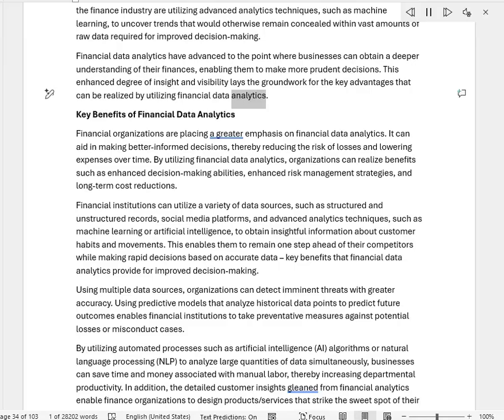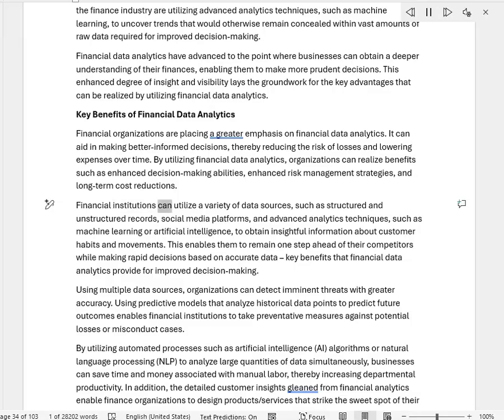financial data analytics. Key benefits of financial data analytics. Financial organizations are placing a greater emphasis on financial data analytics. It can aid in making better informed decisions, thereby reducing the risk of losses and lowering expenses over time. By utilizing financial data analytics, organizations can realize benefits such as enhanced decision-making abilities, enhanced risk management strategies, and long-term cost reductions.